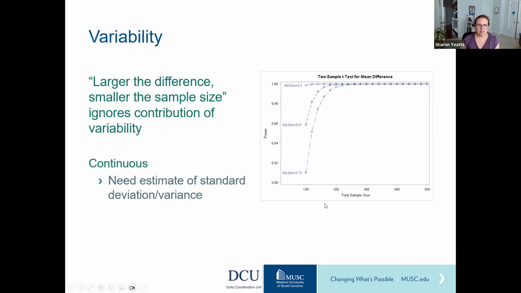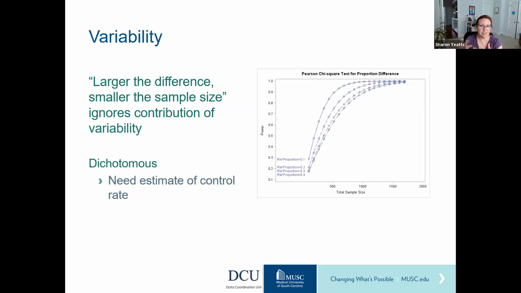Because as variability increases, so here variability is smallest at the top, as variability increases, your power for a fixed sample size is going to decrease, okay? There may be ways that you can impact that variability, but we need to understand what it is going into the study design.